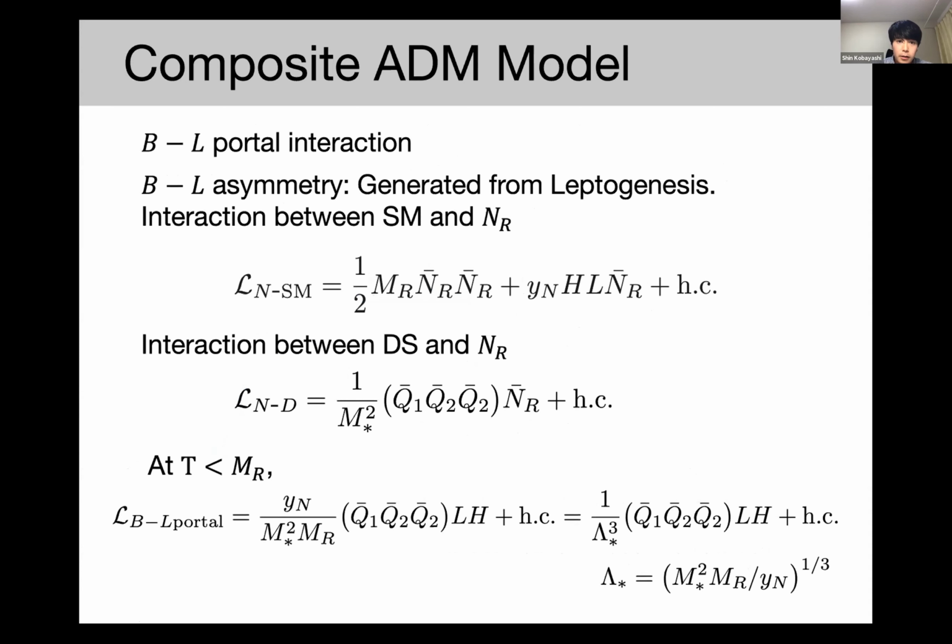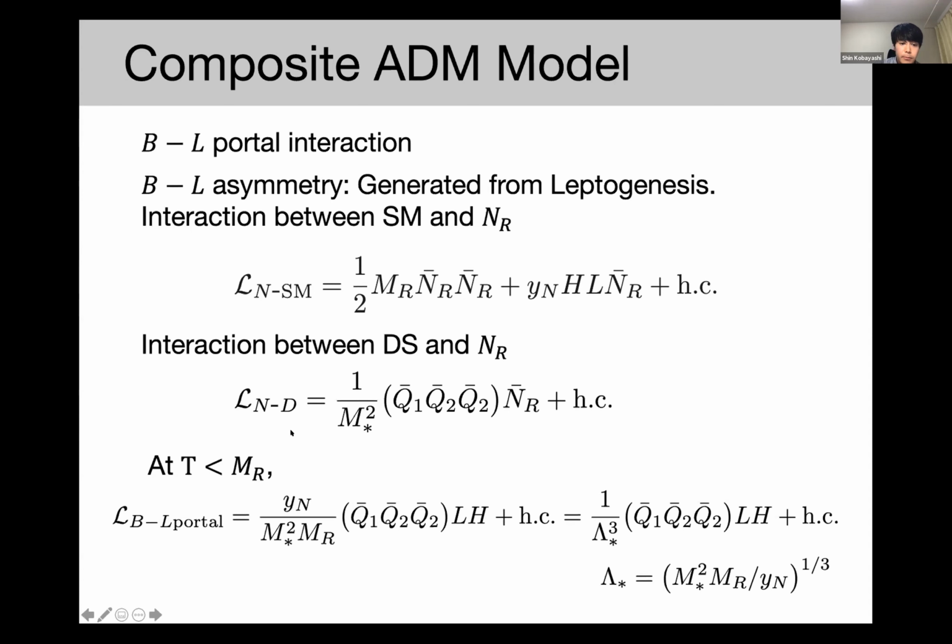And also we have the interaction between the standard model and the right-handed neutrino like this, and the interaction between the dark sector and the right-handed neutrino can be written as this dimension 6 operator. In this operator, Q1, Q2, Q2 correspond to the dark neutrons.